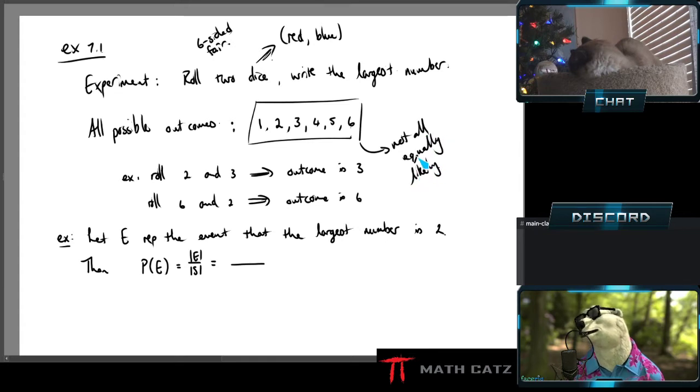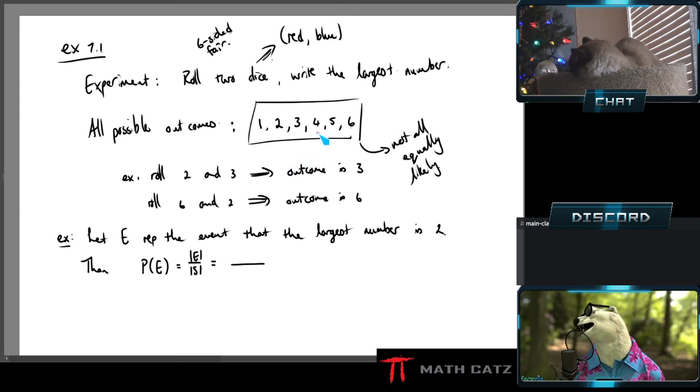If I just think about rolling some dice, getting a 1 as the largest number is going to happen not nearly as often as getting a 3 or a 4 or a 5 or a 6. Because I can only get the outcome 1 from rolling 2 1s. But I can get the outcome 4 from rolling a 1 and a 4, a 2 and a 4, a 4 and a 3, 2 4s, lots of different ways, right?